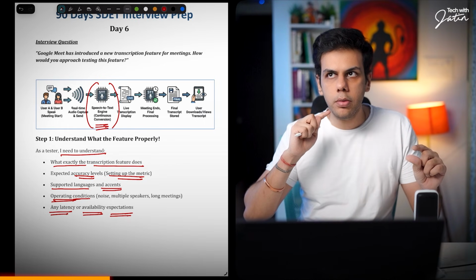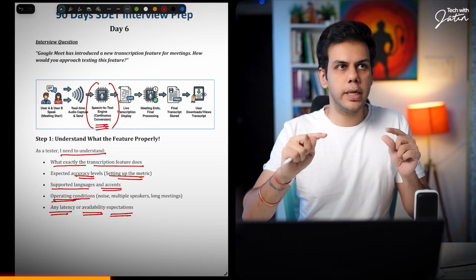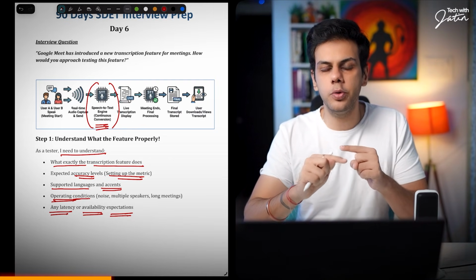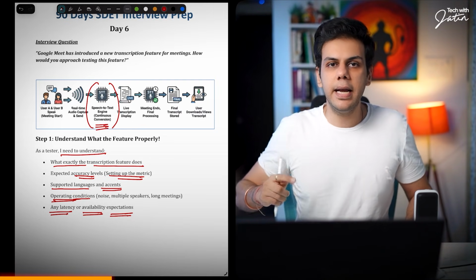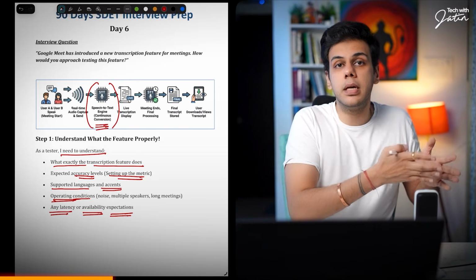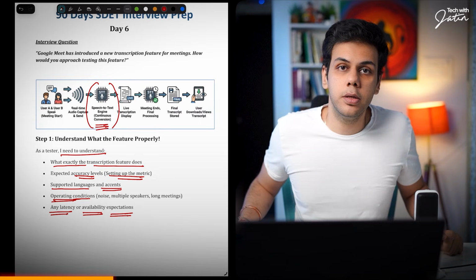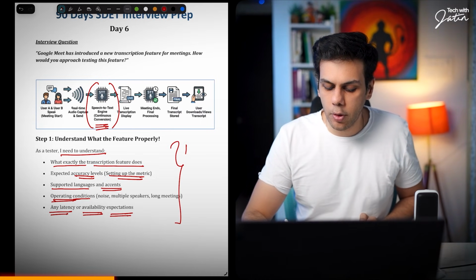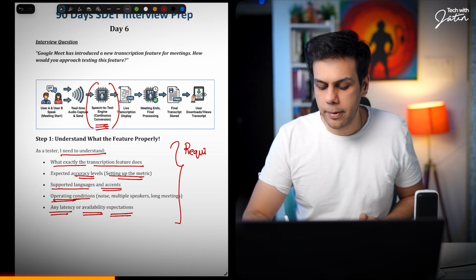How quickly, or I would say at what delay that subtitle is basically shown to you is the latency. And availability talks about how often that feature is available for usage. So this thing, what you see now, guys, is basically what you call as requirement gathering.